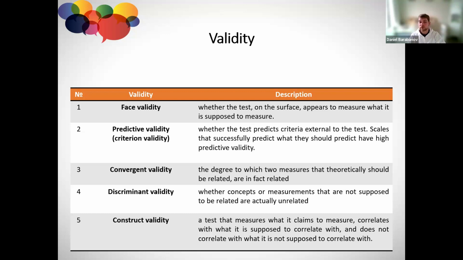So it's convergent validity. Discriminant validity is the opposite. We know that some traits should be independent. They're not correlated. For example, extroversion is not positively or negatively correlated with other Big 5 traits, let's say neuroticism.